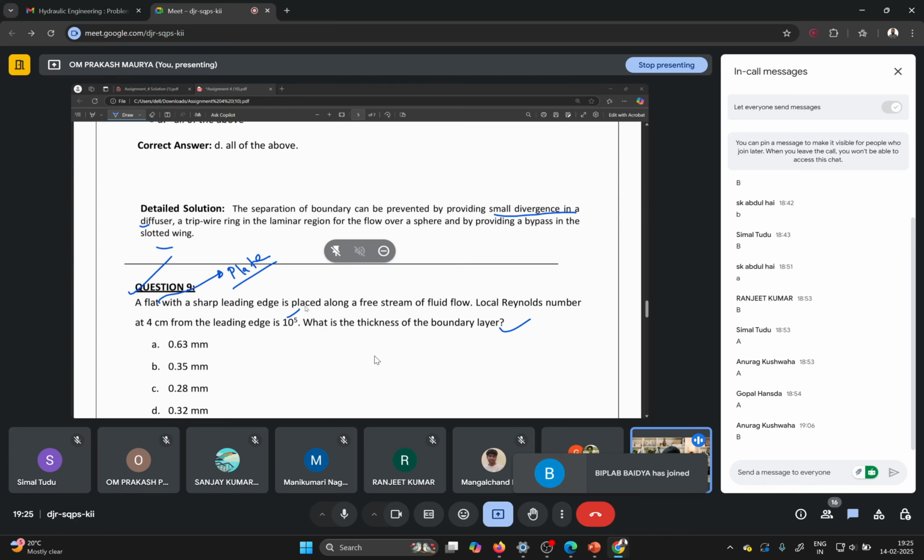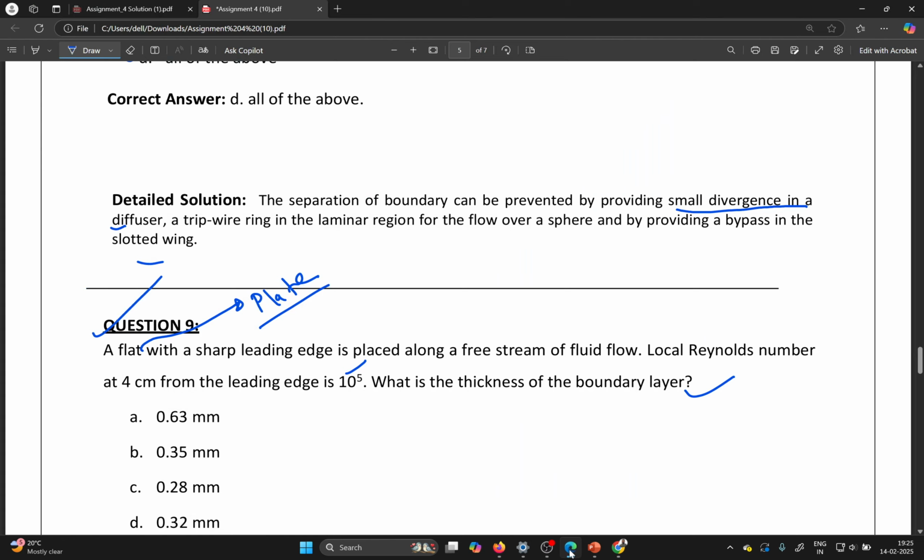Okay, please let me just discuss question number 9. Here the question is asking for the thickness of the boundary layer. You need to calculate the thickness of the boundary layer. If a plate is placed in a free stream fluid flow like that, this is your leading edge, and here is 0.